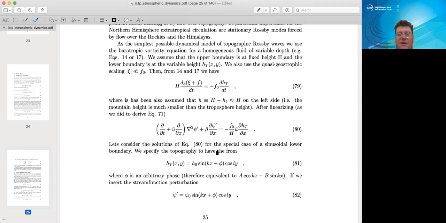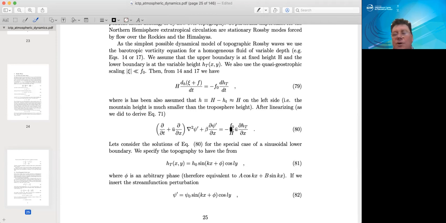We insert a sine and cosine type mountain. So the mountain goes on forever. And we want to understand what is happening on top or in the valleys of this mountain. So that's a little bit unrealistic, but makes it easy to solve this equation analytically.